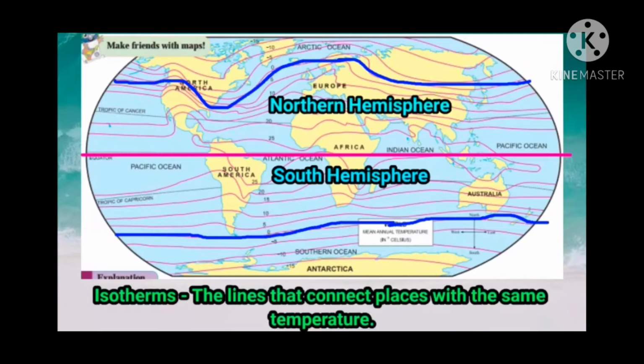Moving towards the east, it enters the Atlantic Ocean and slightly turns in the northeastern direction. In this area of the Atlantic Ocean, all isotherm lines move in the northeast direction due to the warm ocean currents lying in this area.